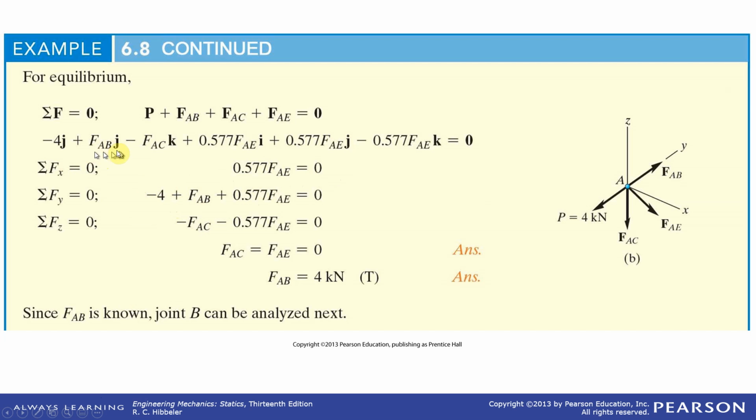So that would be FAB, 1 over root 3 FAE minus 4 right over here. And then in the z direction, negative FAC, negative 1 over root 3 FAE.